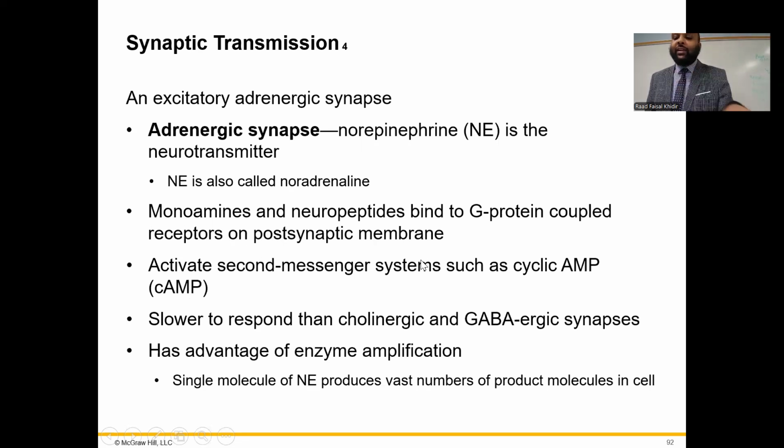Therefore, they activate a second messenger known as cyclic AMP. It is slower to respond than the cholinergic and the GABAergic synapses. They have the advantage of enzyme amplification. So a single molecule of norepinephrine produces vast numbers of product molecules in the cell.